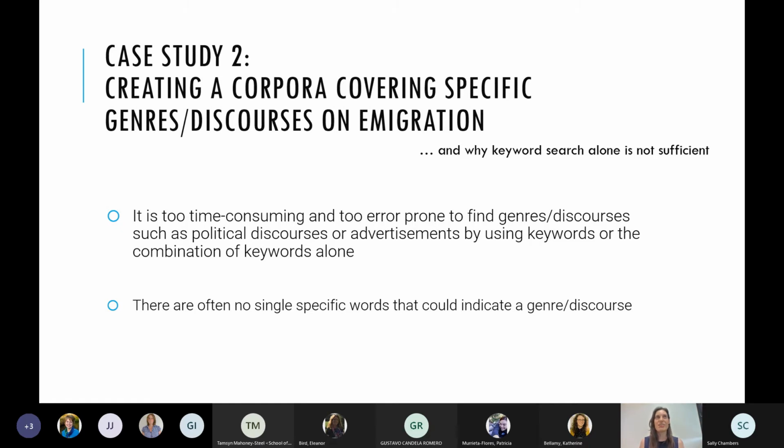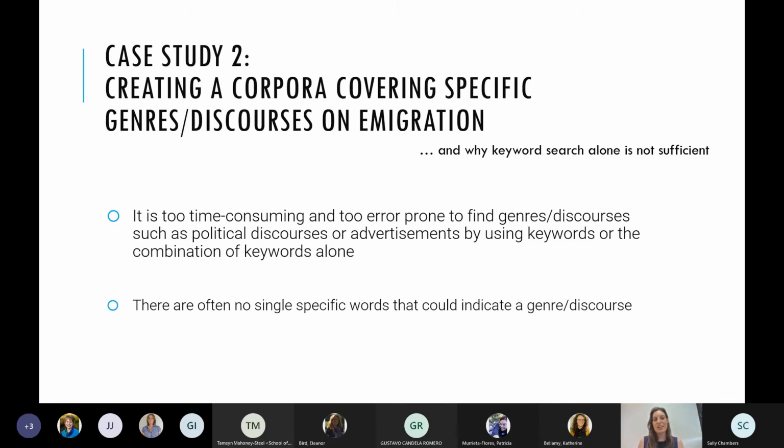And even then, if I find some combinations that would lead me to some good articles, very often they do not. For example, if I would like to find advertisements and I combine emigration with selling, it does not mean that I would get articles or advertisements on emigration, because selling can be in any context.